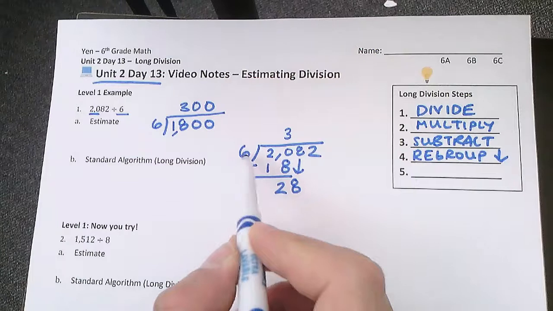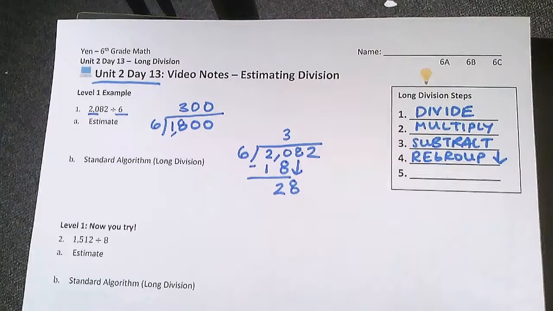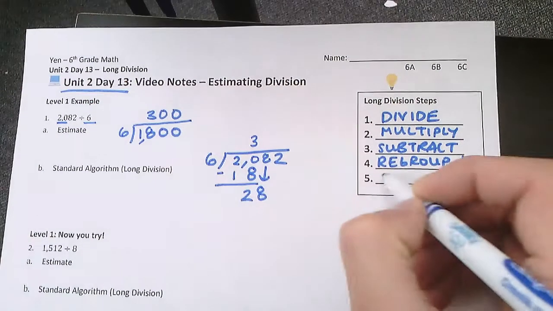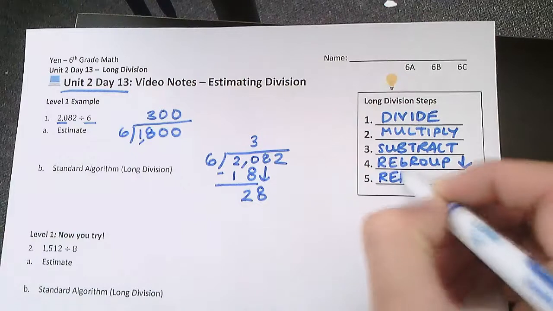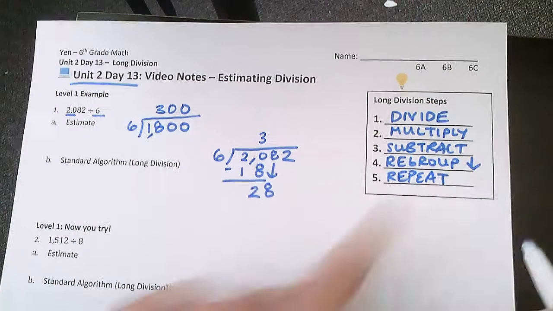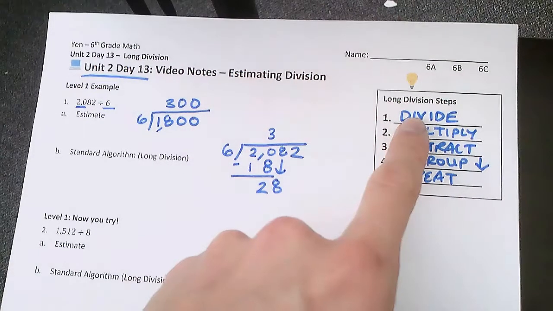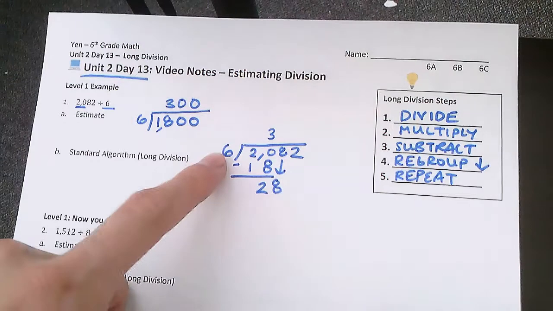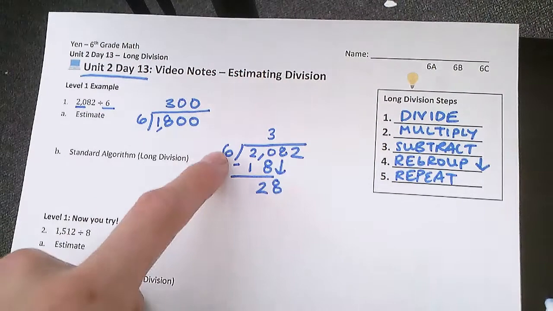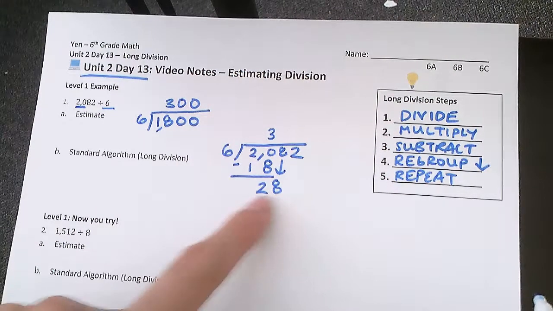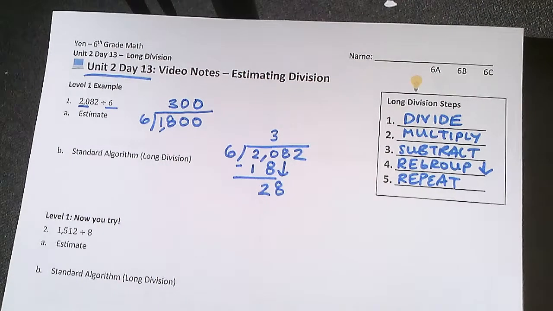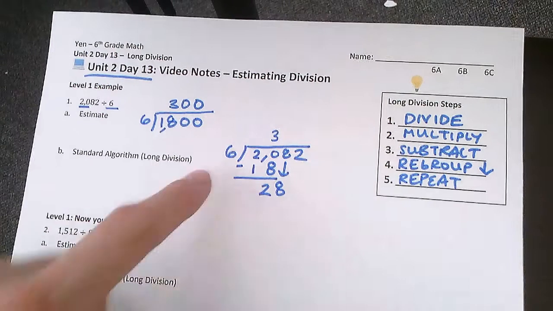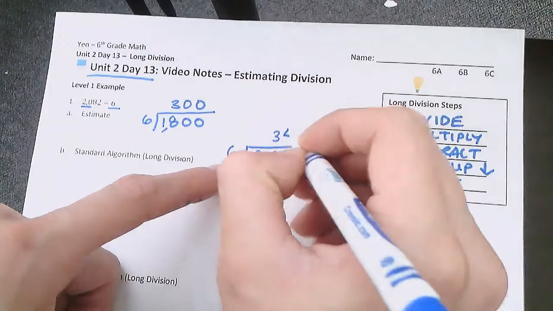And after you regroup, the next step is to just repeat all of these steps again. So repeat, we go back to step number 1, which is to divide. So I divide 28 by 6. How many times can 6 go into 28? Well, 6 times 4 is 24. 6 times 5 is 30, which is too much, so it's going to be at most 4 times.